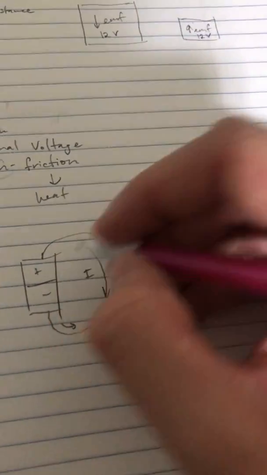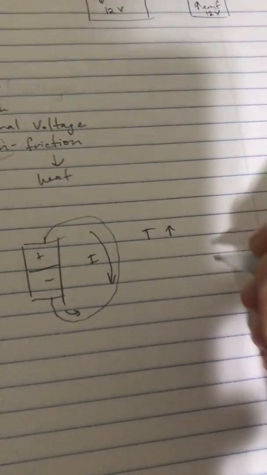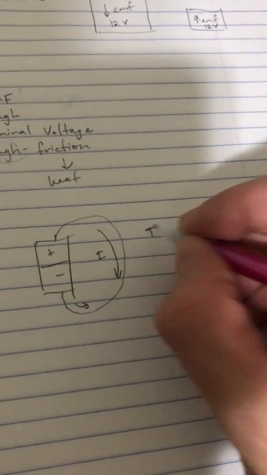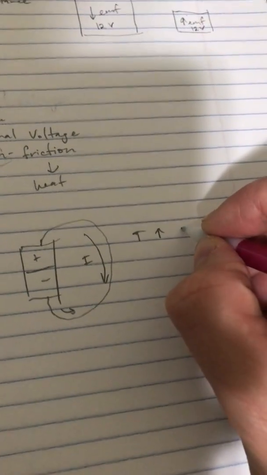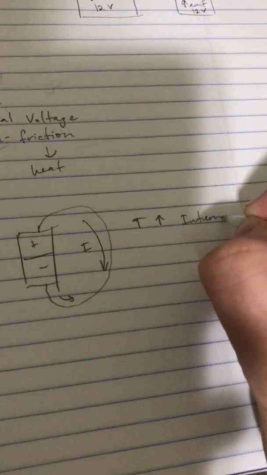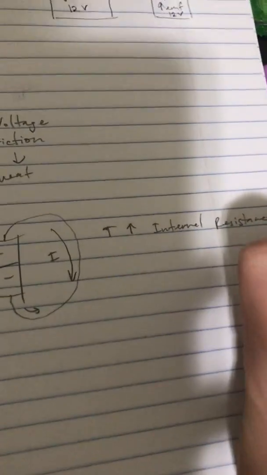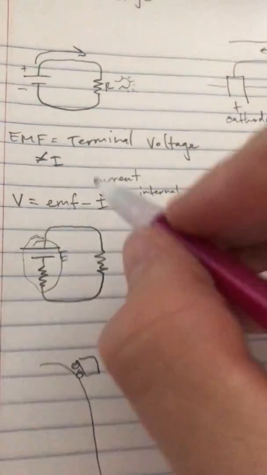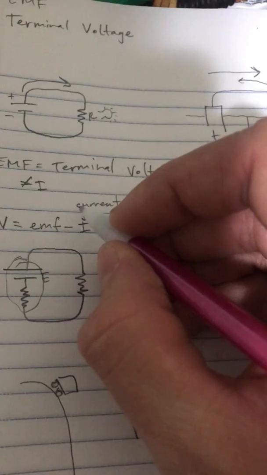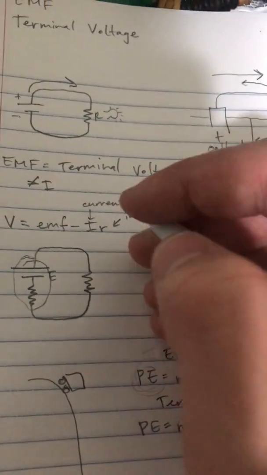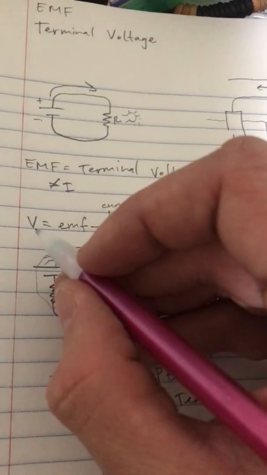Okay, so we notice that temperature increases in a battery as electrons flow from the negative end to the positive end. So this increase in temperature is coming from internal resistance. So if we go back to this equation, if you increase the current or you increase the resistance, then the terminal voltage is actually going to go down.